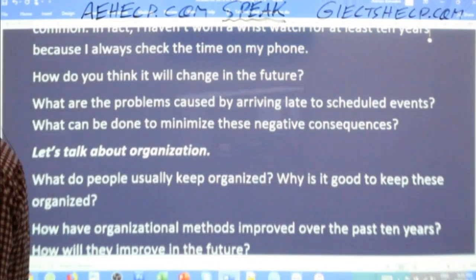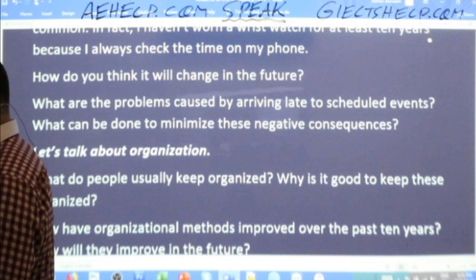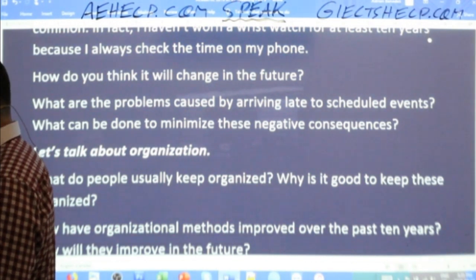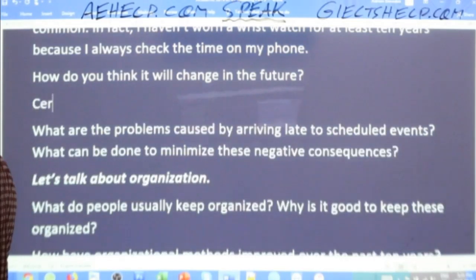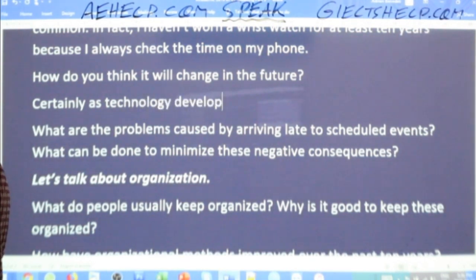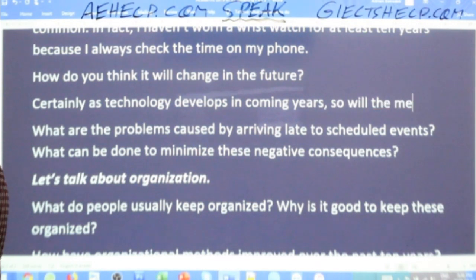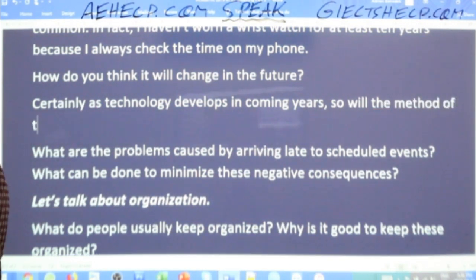So let's take one of those. Certainly, I would do it like this. Certainly, as technology develops in coming years, so will the method of tracking time.